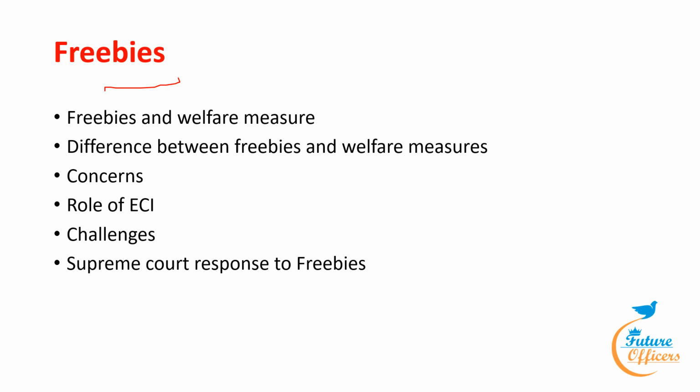Now, what are the concerns seen here? The first concern is the heavy tax burden on states. It is one of the major concerns. Next is state finance. State finance is a risk of analysis under the report released by RBI in June 2022.